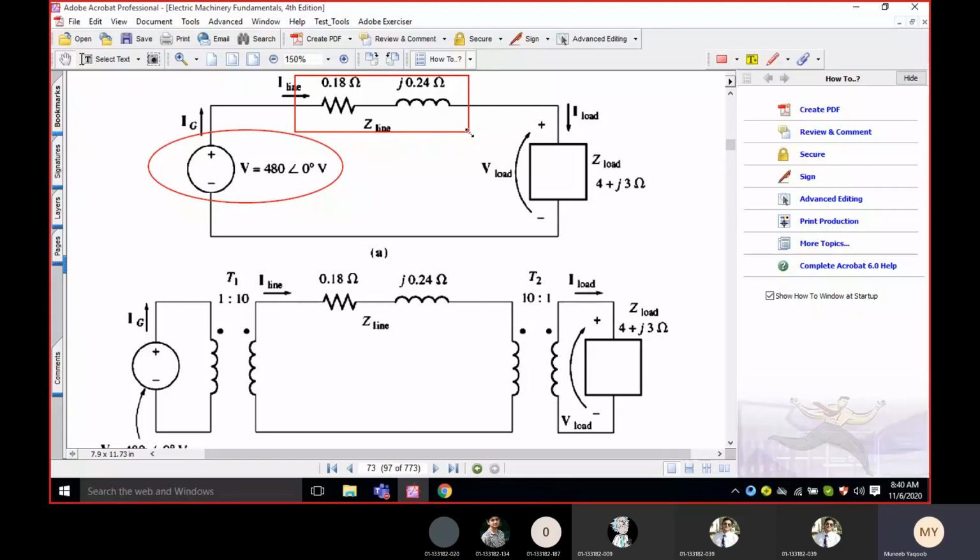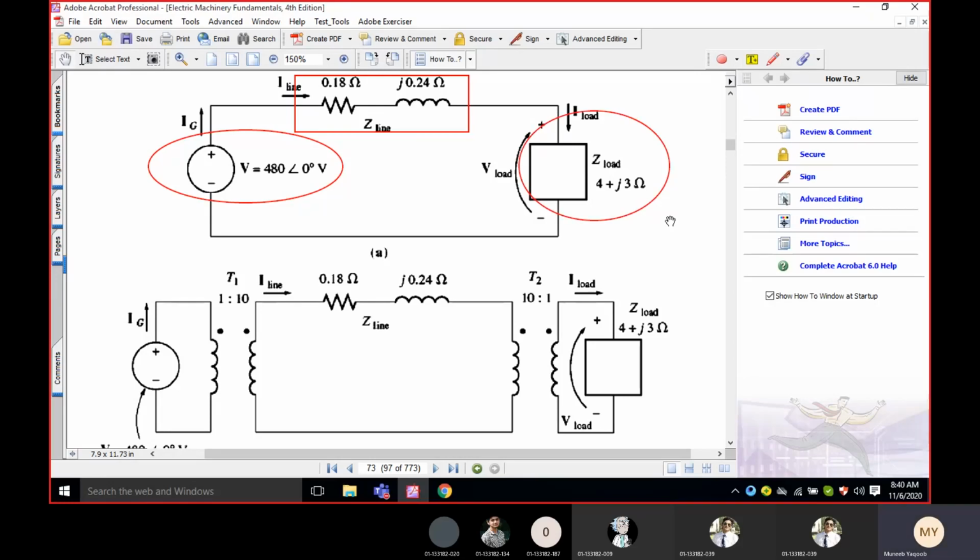So we are not using a transformer, and right after generation we have a transmission line, and using this transmission line we are feeding a load of 4 plus j3 ohm.